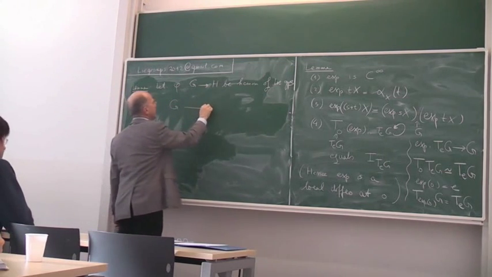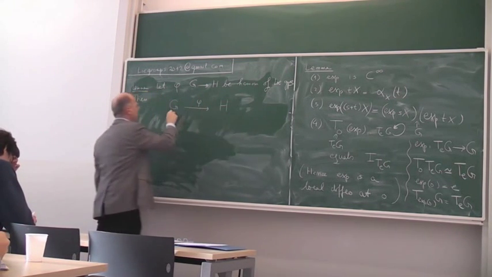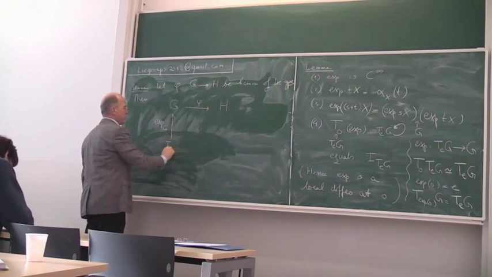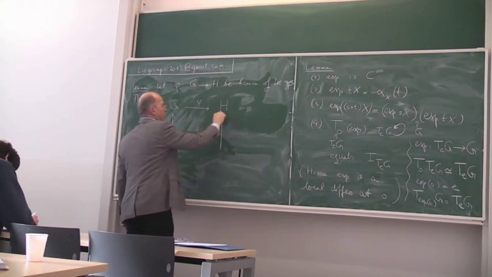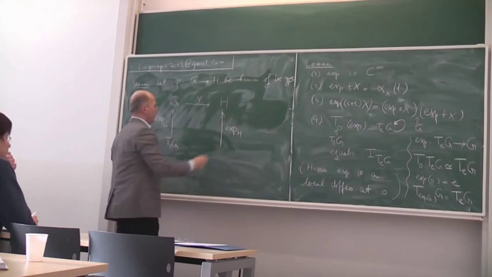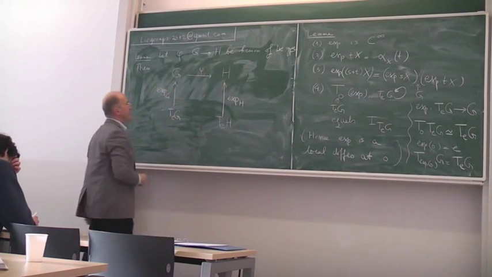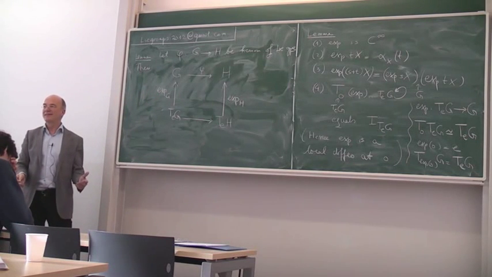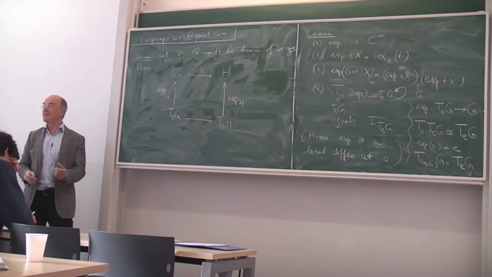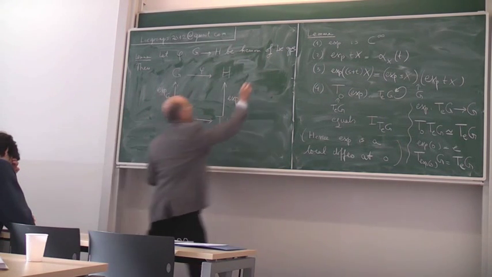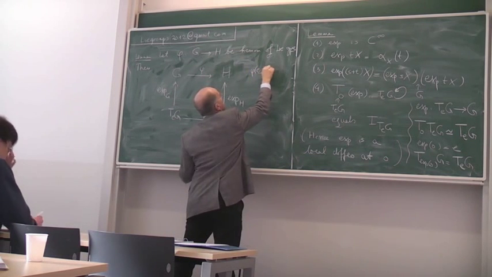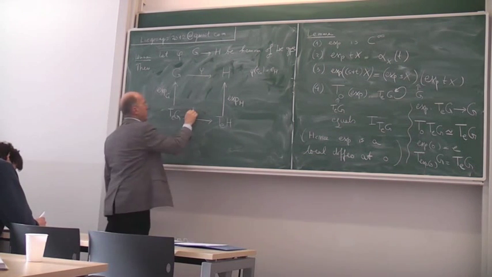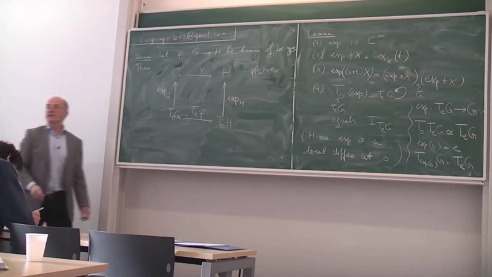We have G, phi maps G to H. We have the exponential map of G from the tangent space at the identity element, and we have the exponential map of H here from the tangent space to H at the identity element, and we do have a map here. I mean, the only decent map that we can write down is the tangent map of phi. Phi of the identity element of G is the identity element of H, because phi is a group homomorphism, so the tangent map will be a linear map between these linear spaces.